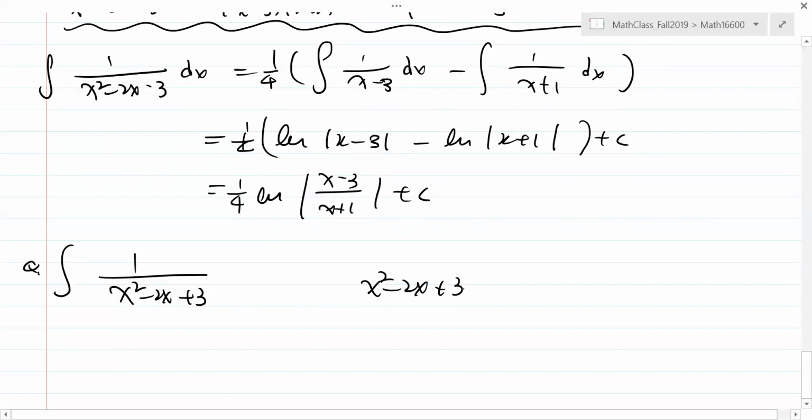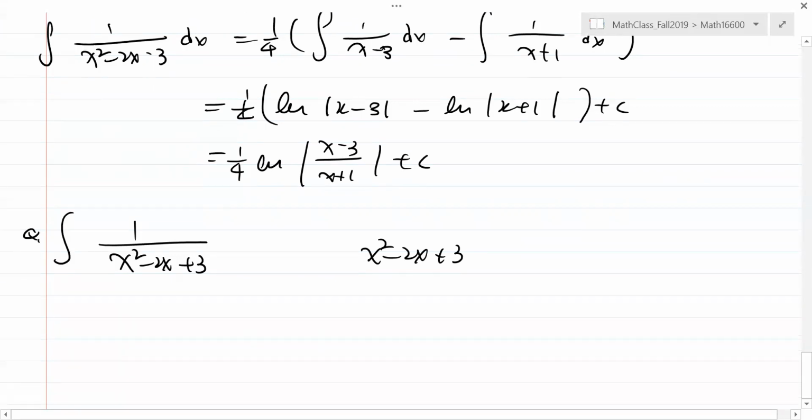That's b squared minus 4ac. Let's see. This is going to be x squared minus 2x plus 1 and the plus 2, right?